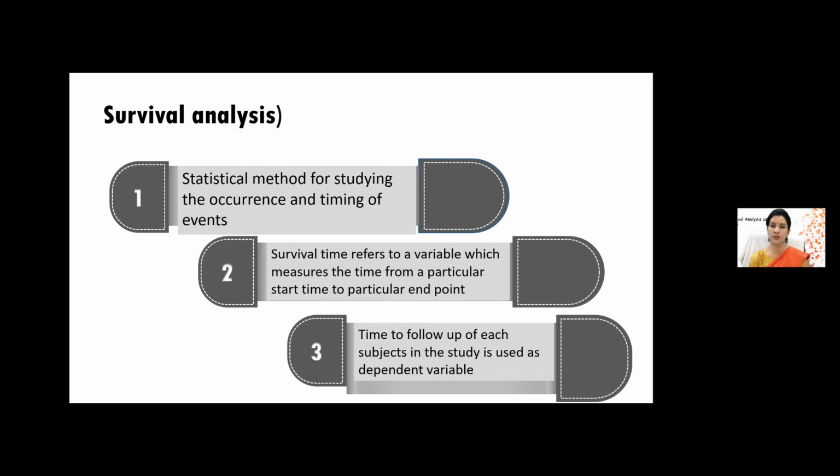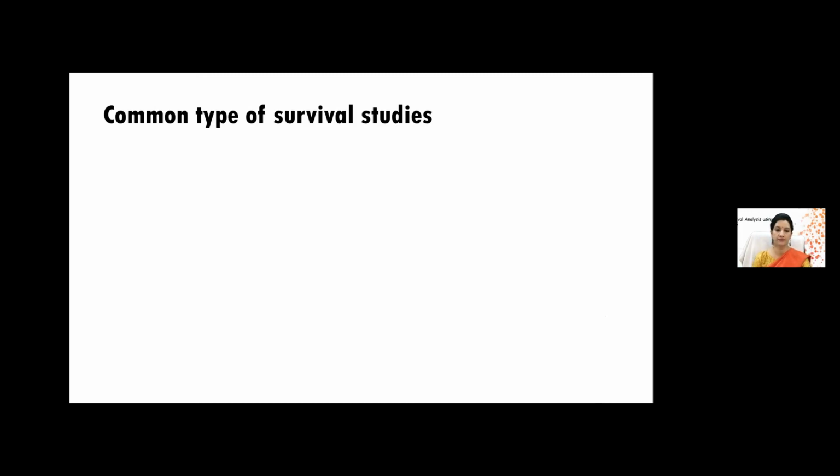In logistic regression, because we will compare Cox proportional hazards with logistic regression, and there is a lot of similarity between these two, the dependent variable was binomial. It was a categorical variable with two categories. But in survival analysis, Kaplan-Meier or Cox proportional, this time to follow up is a scale variable and this is the dependent variable.